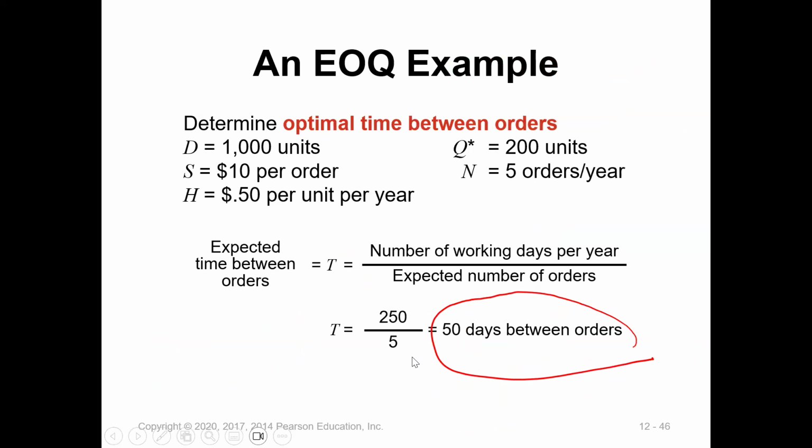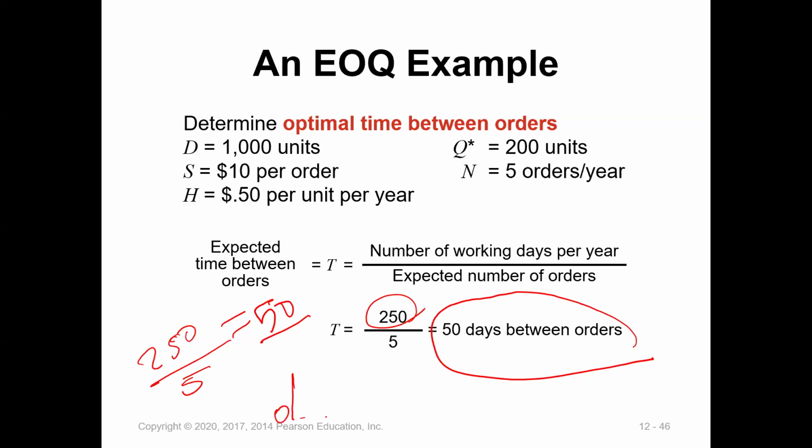So you should know this. If it is not given, just assume that it is 250. So 250 divided by 5, so 50 days between orders. So on day 0, we order. And then after 50 days, on day 50, we place another order. And day 100, we place another until the end of the year. You have 5 orders.